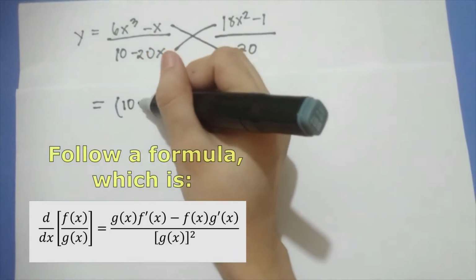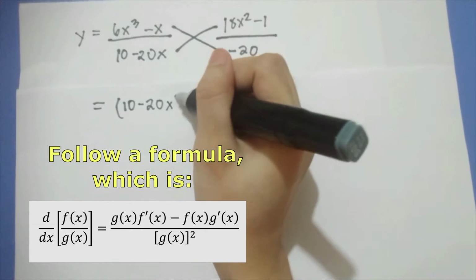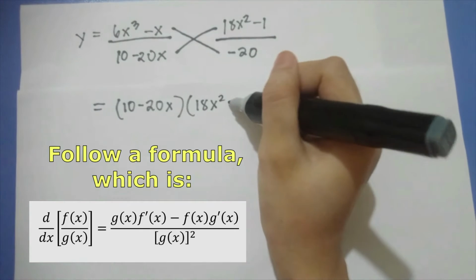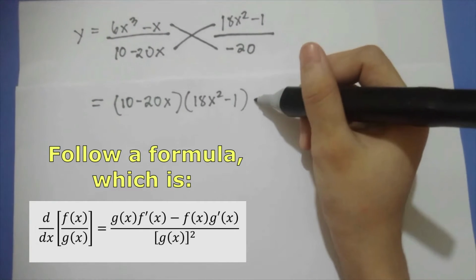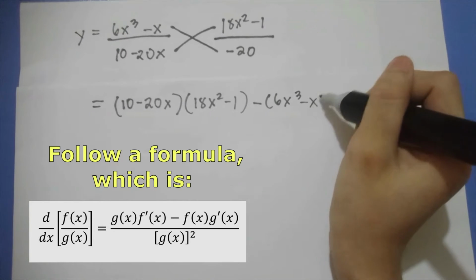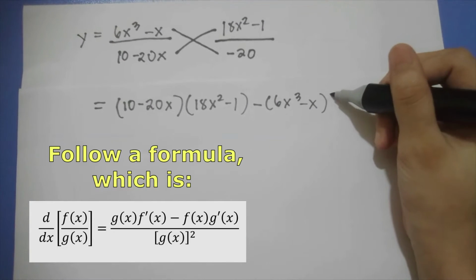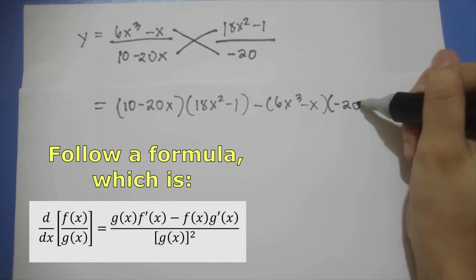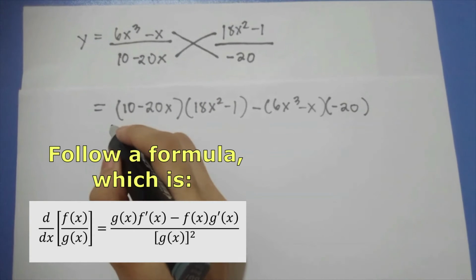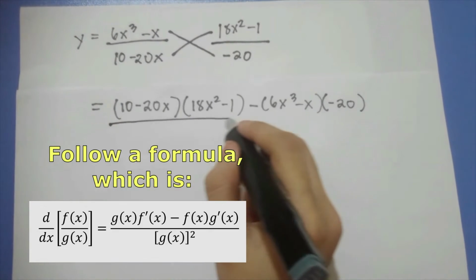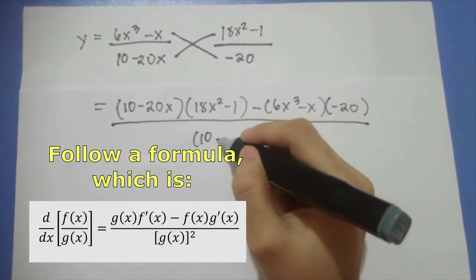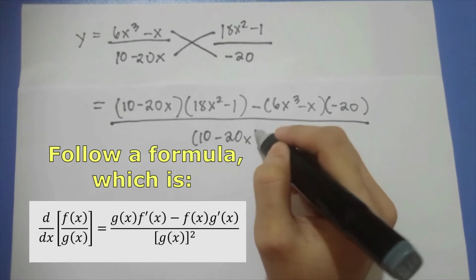We follow a formula here, which is low d high minus high d low over low squared. We then copy the denominator and simply square it.